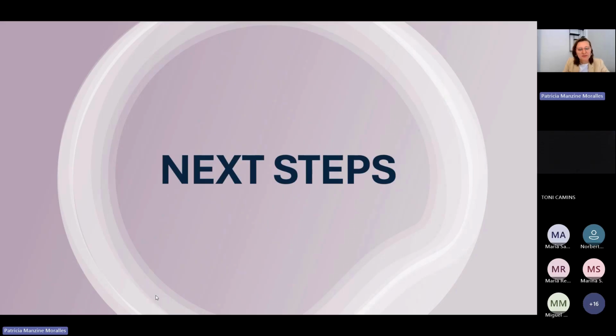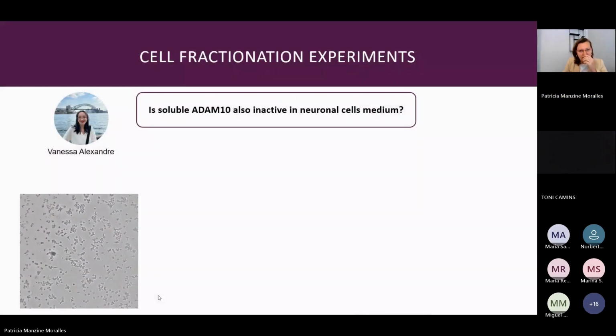As the next step of these studies, the master's student, Vanessa, has been dedicated to answering the question: is soluble ADAM10 also inactive when you look at neuronal cell medium, as we saw in plasma and CSF?